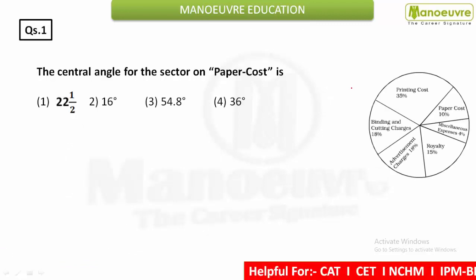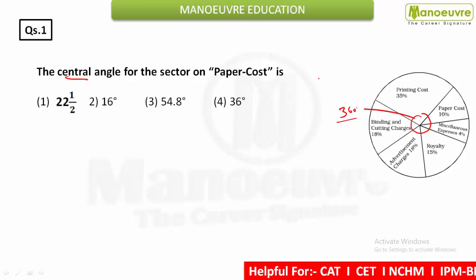The central angle for the sector on paper cost is... So here it is asking about the central angle, you have to find the central angle. How will you find it? You know this is a circle, and in the circle the full angle will be 360 degrees. I hope you all know that.